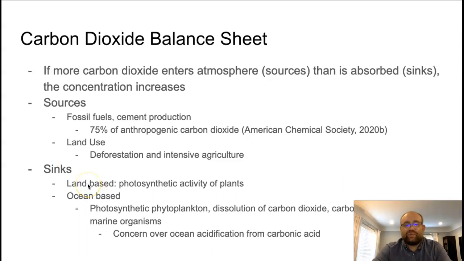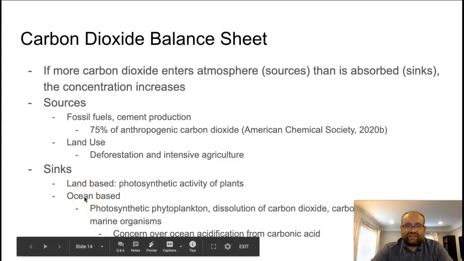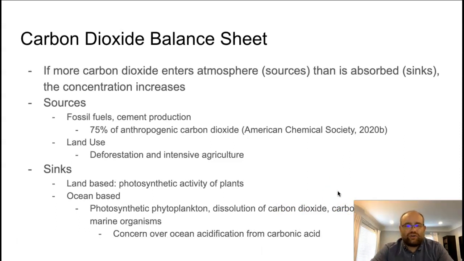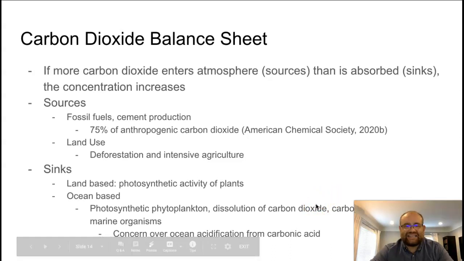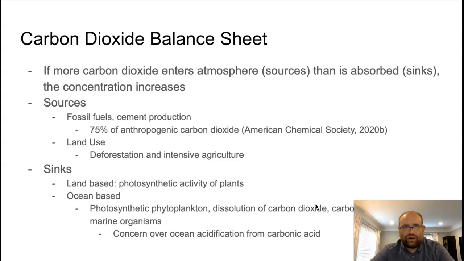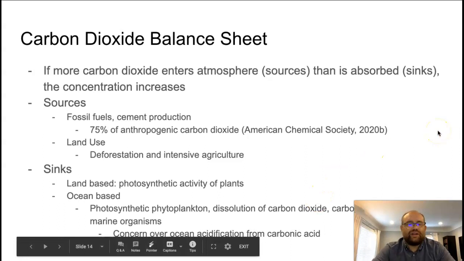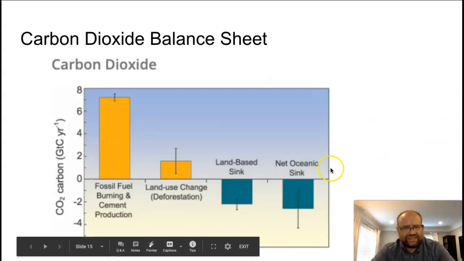Some land-based sinks would be the photosynthetic activity of plants and organic matter found in soils, and also ocean-based sinks: phytoplankton, carbon dioxide being dissolved into the water, and the formation of carbonate minerals by some marine organisms. Now, while the oceans can dissolve some carbon dioxide, when carbon dioxide combines with water, we get carbonic acid. So there is a concern of too much carbon dioxide in the water leading to acidification of the oceans.